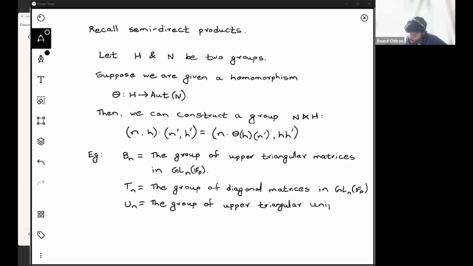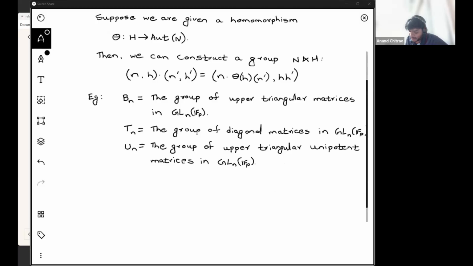Those are called unipotent matrices in GL_n(F_p).